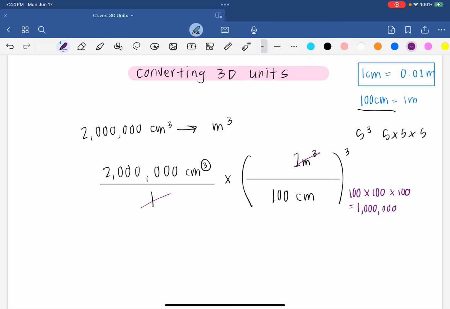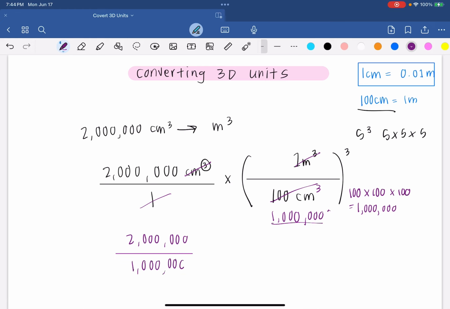So now, instead of 100 centimeters cubed, I can rewrite that as 1 million. And now I have my two parts. So we cubed this, I'm going to cross that out. So now I have the two things that are left, and I can put them over each other. So I have 2 million, lots of zeros today, all over 1 million.